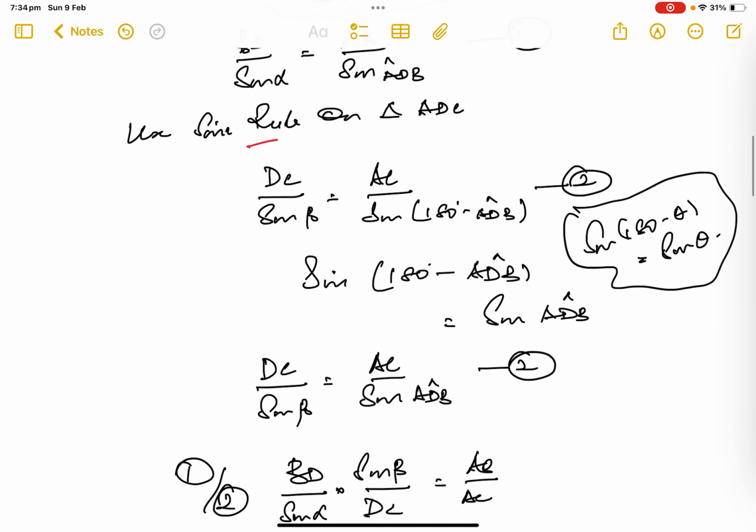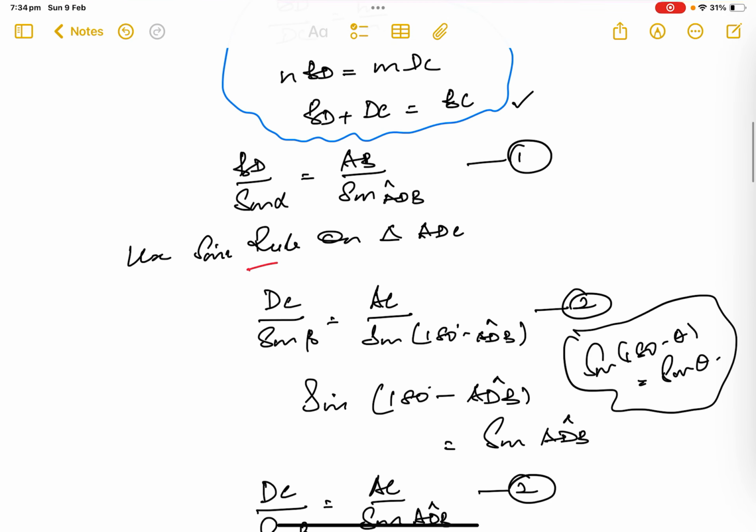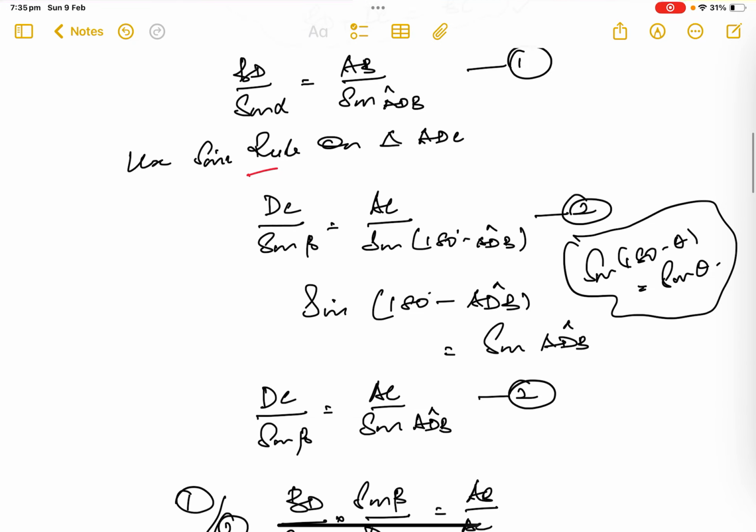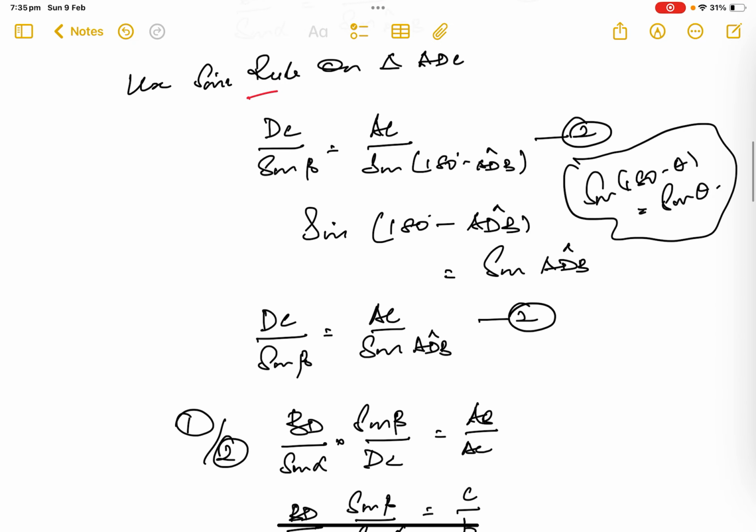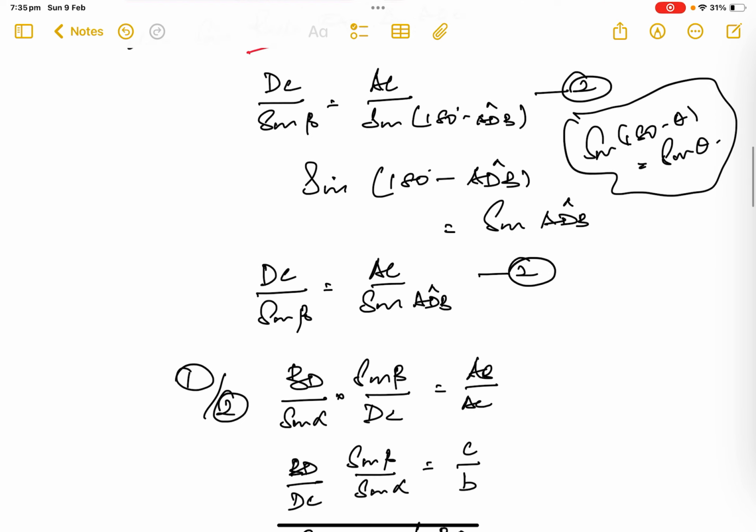Okay. So the first equation is BD over sine alpha equal AB over sine ADB, and the second equation is DC over sine beta equal AC over the same sine ADB.